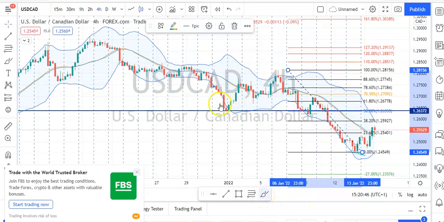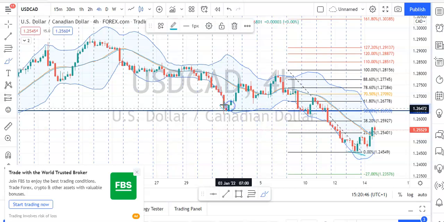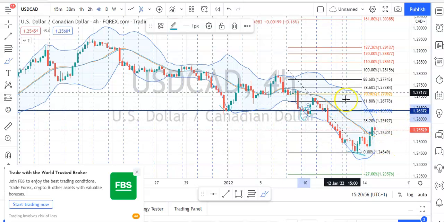So it has been tested here, okay, and it has been tested here as well, somewhere around here as well. So I will allow the price to retrace back to this level of resistance now, which happens to be the previous level of support broken. Now once I get to this point, I look for an entry position.